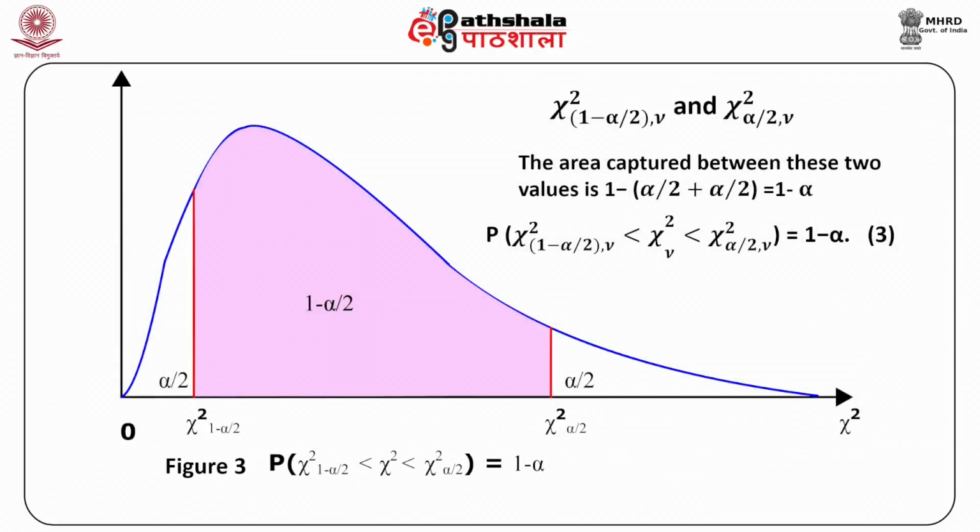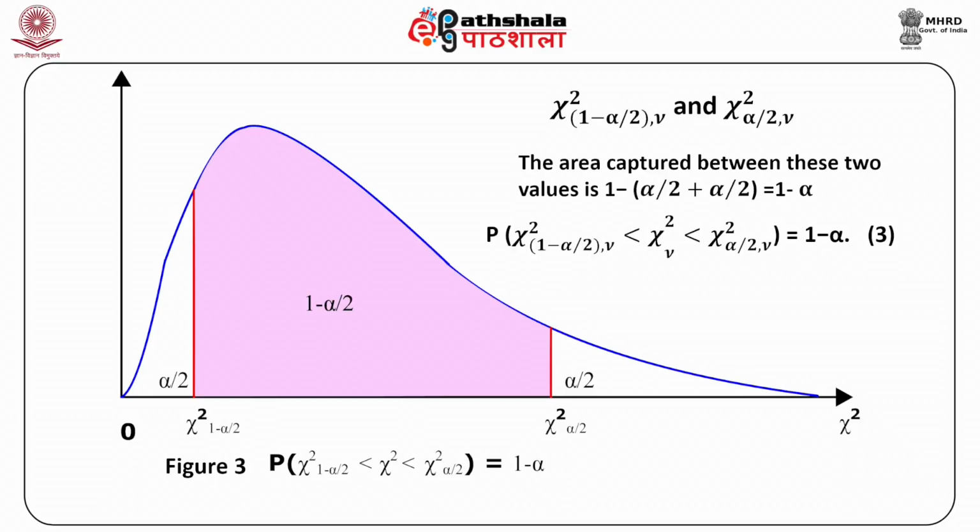In general, we can say if alpha by 2 area falls on both sides of the distribution under a chi-square nu distribution curve, then the two critical values on the left and right side are given by chi-square 1 minus alpha by 2, nu and chi-square alpha by 2, nu respectively.